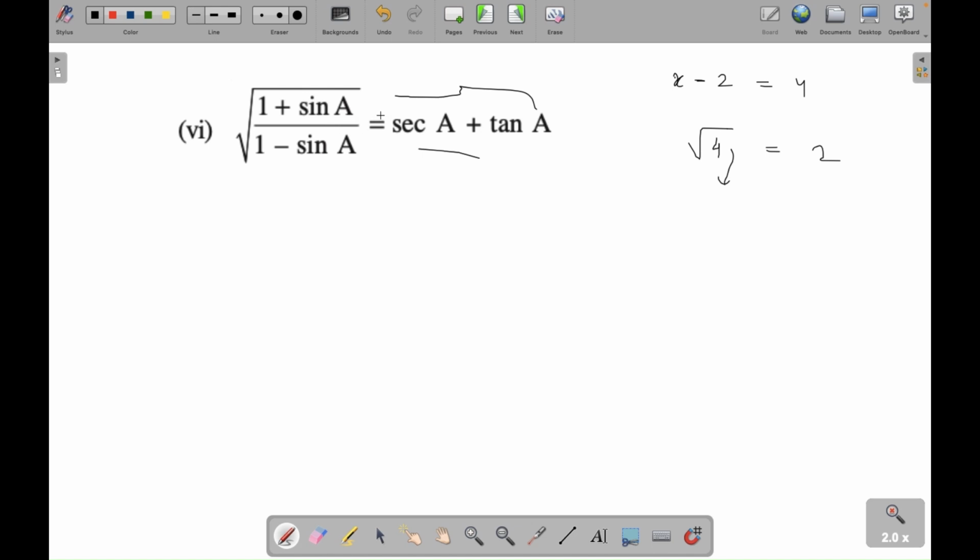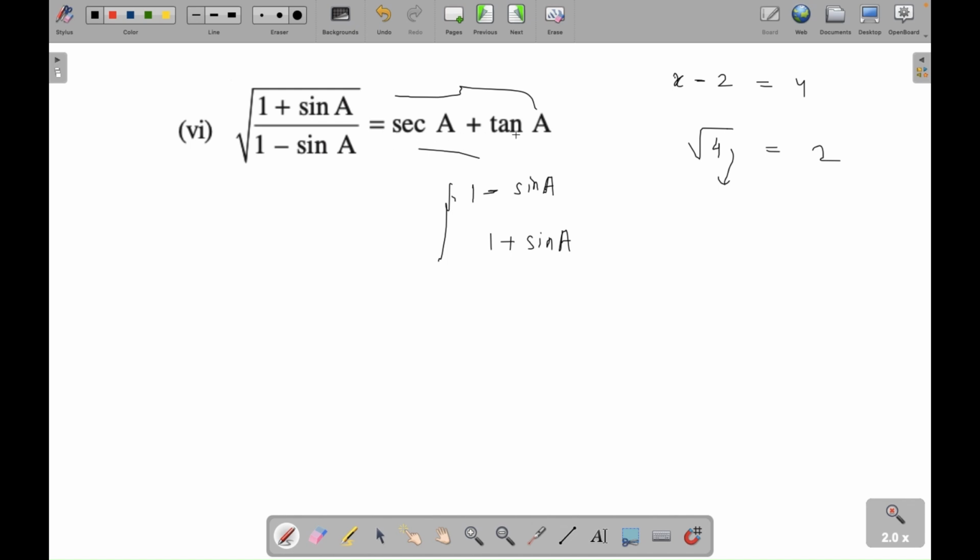So I need to multiply it with something such that I get whole squares. There are two options now: you either multiply with 1 minus sine A or you multiply with 1 plus sine A. How do you choose the correct one? Here you can see that there is nothing in the denominator.